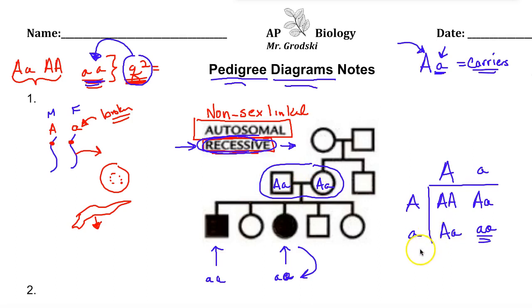Now you say, Mr. Gradsky, what if I was to put an A here? A big A. What if one of the parents was that, because they're not showing it? Well, if you do your Punnett square, what are you going to get? You're going to get no individuals that are homozygous recessive, yet we show that.